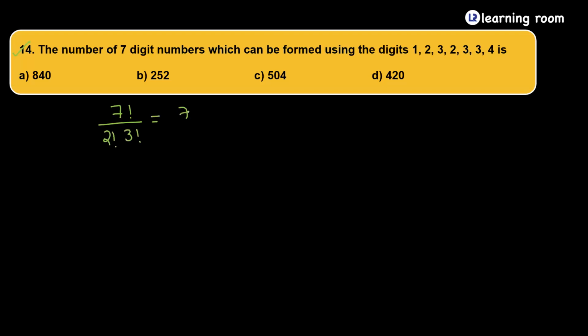So 7 factorial is 7 into 6 into 5 into 4 into 3 factorial, the whole divided by 2 factorial, which is 2. So it will cancel this 2. So 42 into 10 is 420. So it is going to be 420, option D. Right?